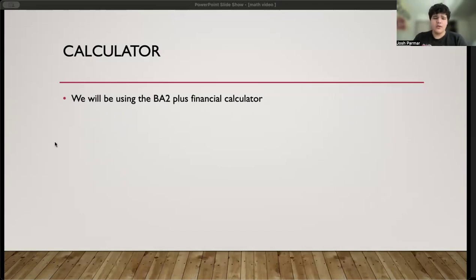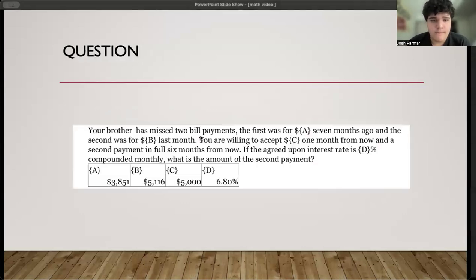As you can see, we have all of our terms here. We have N, IY, PV, FV, and all that. So, all right, we'll come back to this. Trust me, don't you worry.